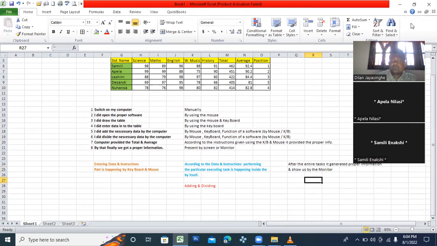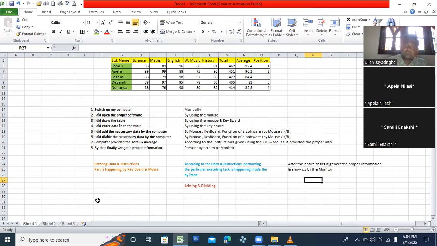So actually not in each and every task, these three sectors are common to each and every task that are happening by the computer.